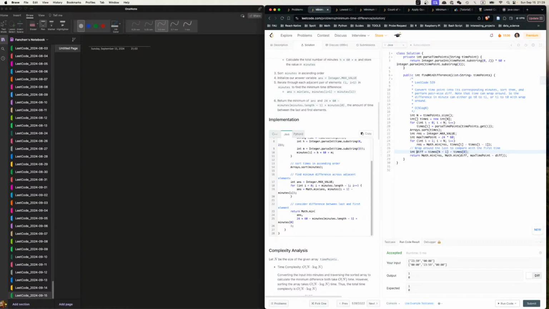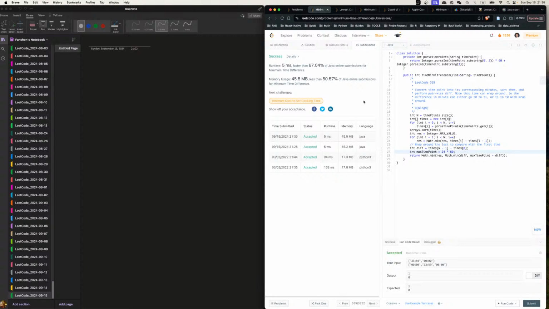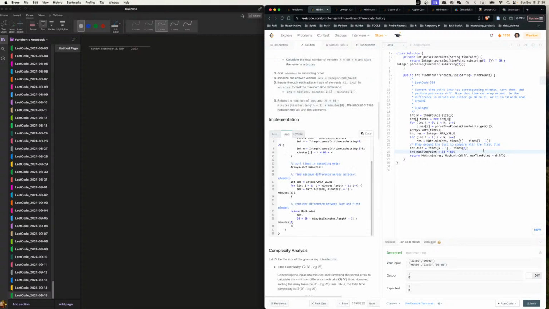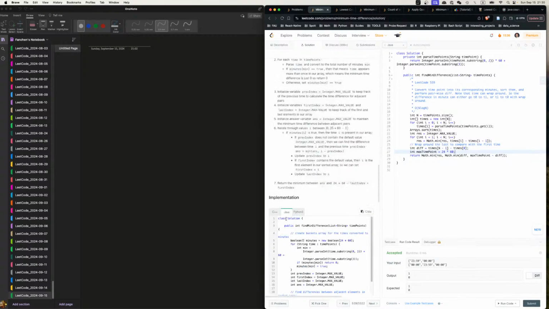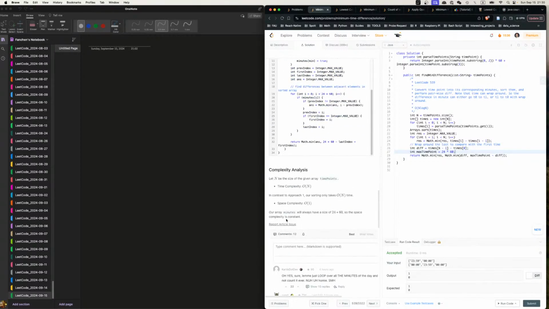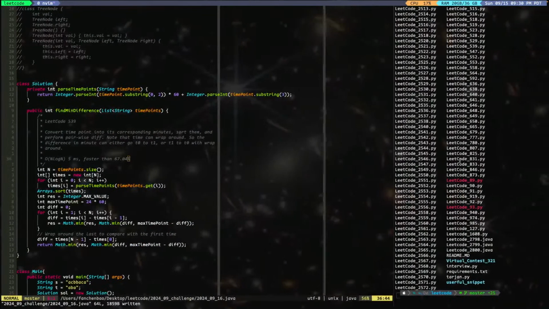And we can do int. Max time point can also be put in here. It's the same. That's all right. Bucket sort. Now I'm going to do that. Okay, let's put this one. That counts as a solution too.